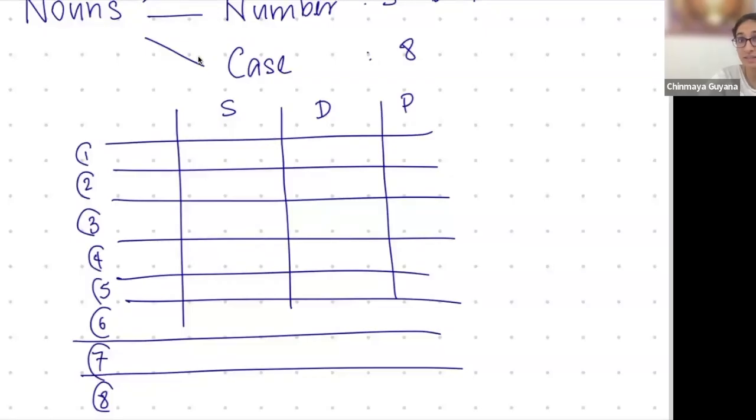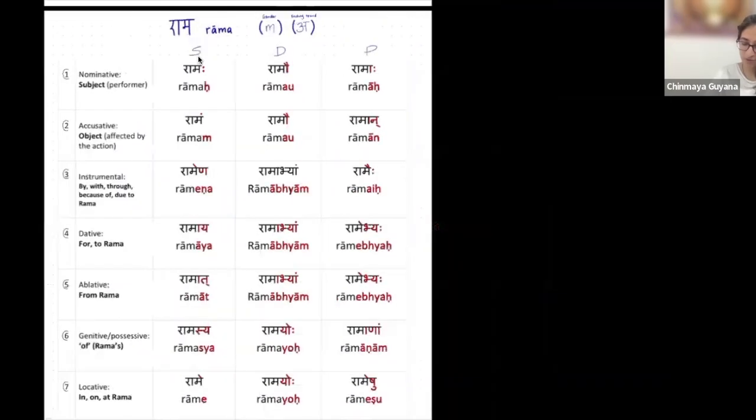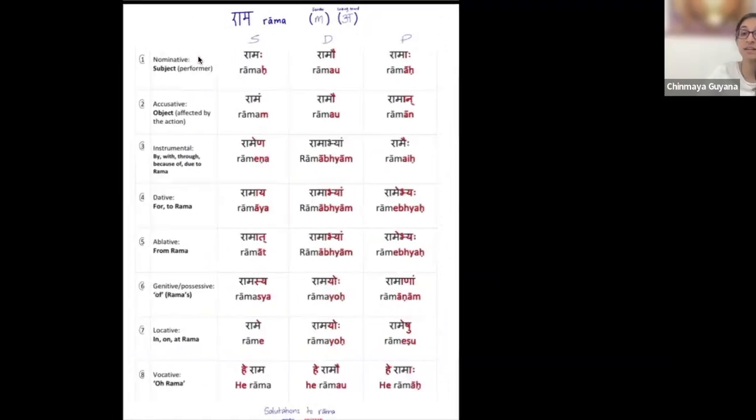Correct. It is called a declension table. This whole thing is called the declension. We saw an example of a declension table. The first one that is traditionally studied is the Rama declension table.